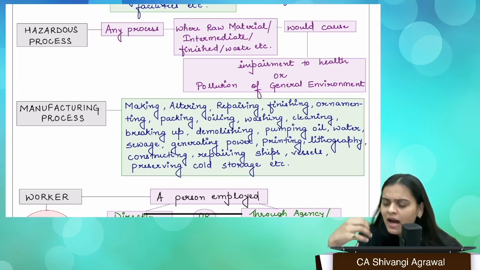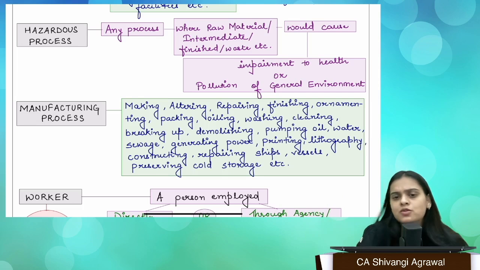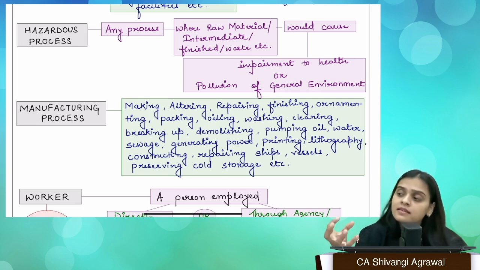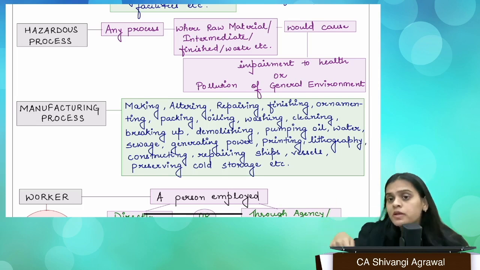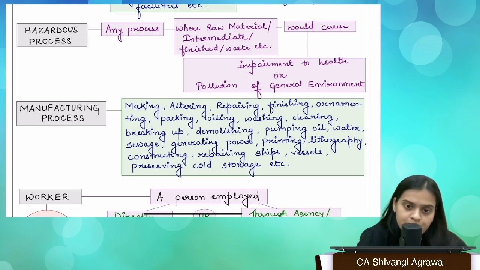You have a lot of bags which are being stitched properly, decorated, and then sold. Is it going to be considered a factory? The answer is yes, ma'am. Why not? Yes, it will be considered as a manufacturing process, and because there may be 10 or more workers with the aid of power, that is going to be considered a factory.